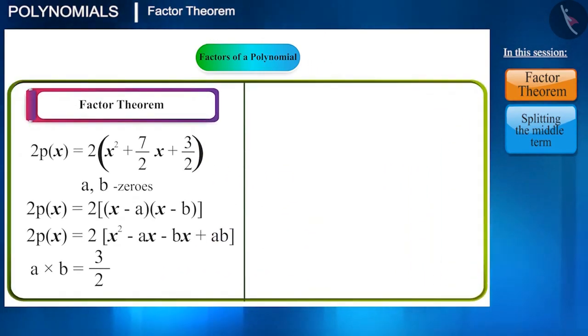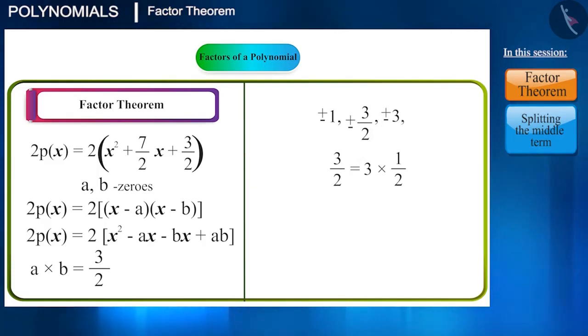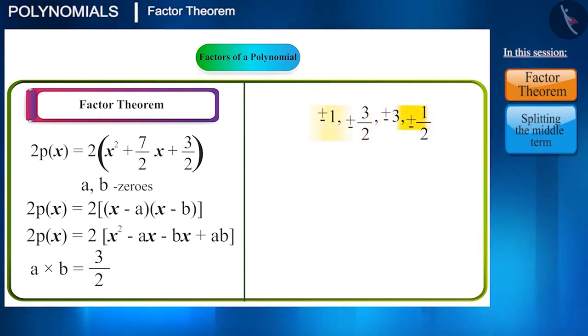First of all, plus or minus 1 and the number itself, that is plus or minus 3 by 2, are the factors. Also, 3 by 2 can be written as 3 multiplied by 1 by 2, that is, plus or minus 3 and plus or minus 1 by 2 will also be factors. Thus, some possible values of a and b can be plus or minus 1, plus or minus 1 by 2, plus or minus 3, plus or minus 3 by 2.